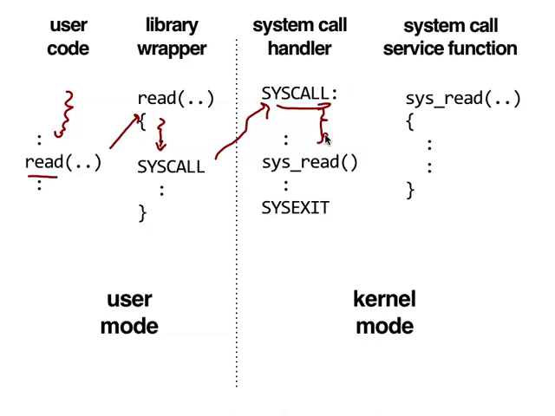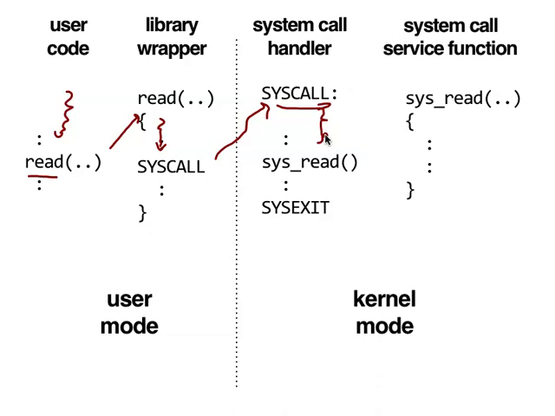Now, because you are suspending the running process to execute the code in the kernel, you have to remember the context of execution of the process. Remember, just before the break, we talked about what are the things that you need to remember before you suspend so that you can resume the process later. So all of that you need to remember, you have to keep it on one side.